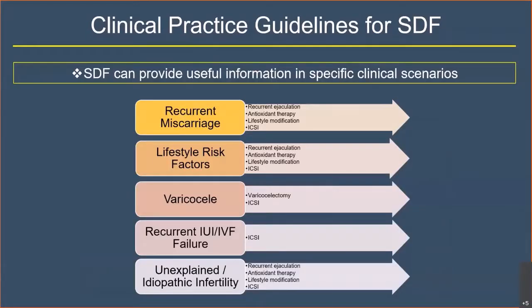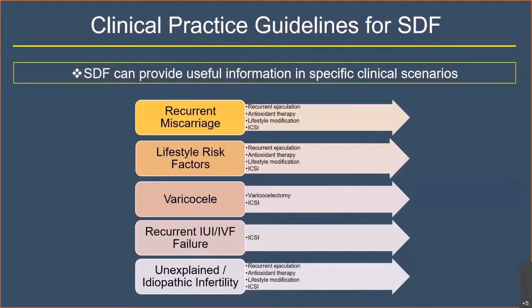In these guidelines, we identified 5 different clinical scenarios which may really benefit from SDF testing. These include recurrent miscarriage, lifestyle risk factors, varicocele, recurrent IUI or IVF failure, as well as unexplained and idiopathic infertility.